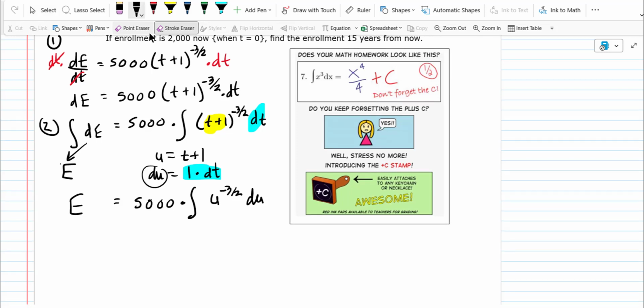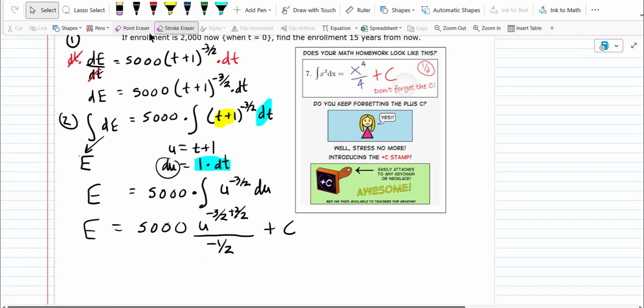Okay, now we can get our antiderivative. We can do our power rule. Again, you're adding 1 to the exponent: negative 3 halves plus 2 halves, and divide by the result. The result of that would be negative 1/2, plus C. We worked on that power rule quite a bit in the last class.